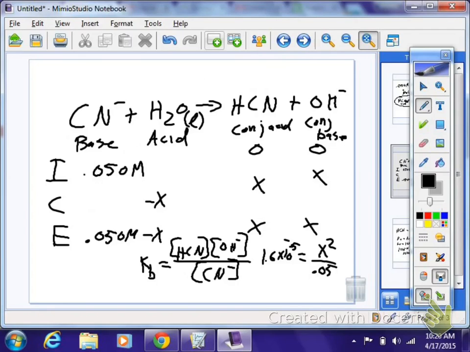And I get 8.9 to the minus fourth, right? So x here is equal to 8.9 to the minus fourth. Okay, minus fourth is what that's supposed to be.